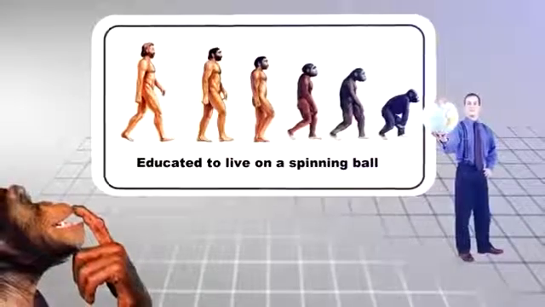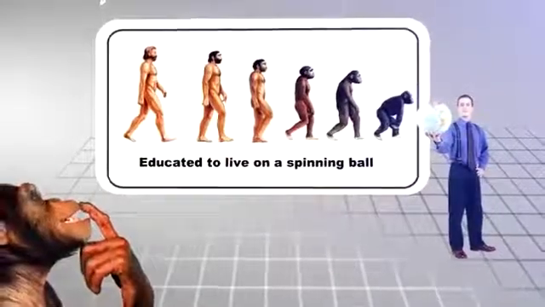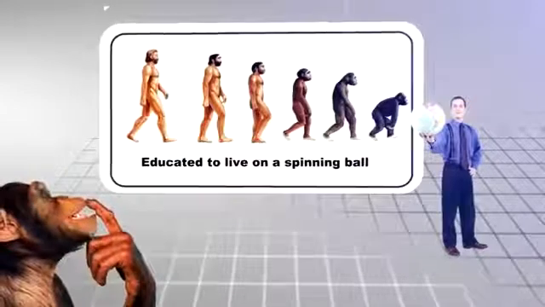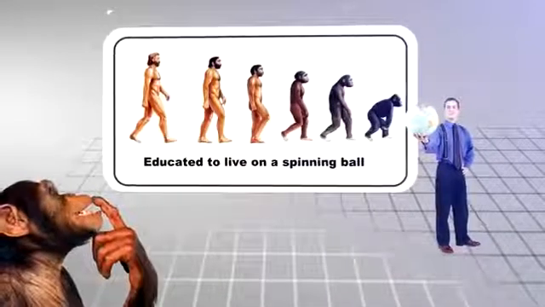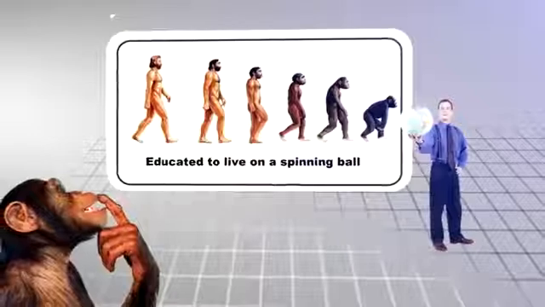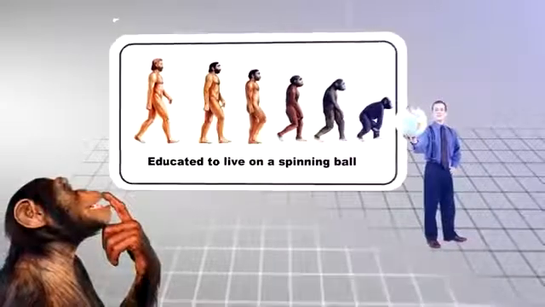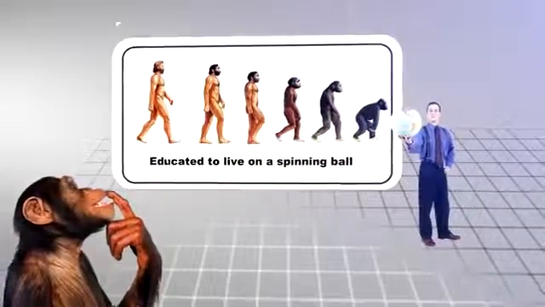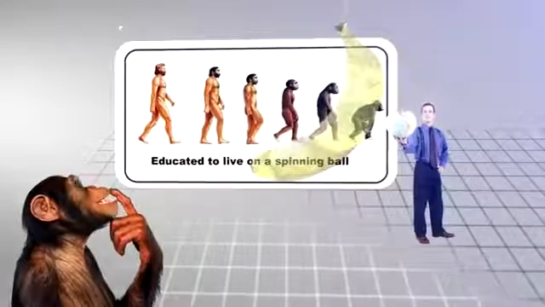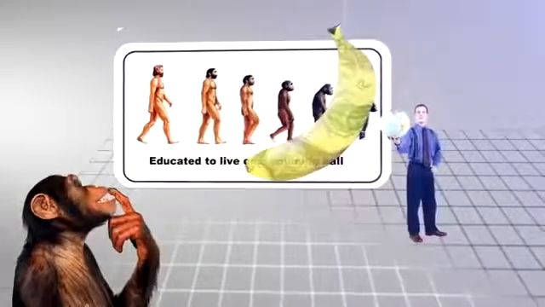So the point is that in the education system, they turn you into a monkey. And if you believe this first bit, then you'll believe anything. In fact, the opposite is true. We're being dumbed down. So they turn you into a monkey and feed you bananas until the day you die.